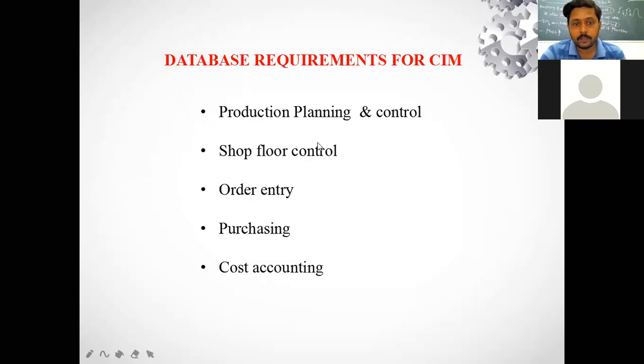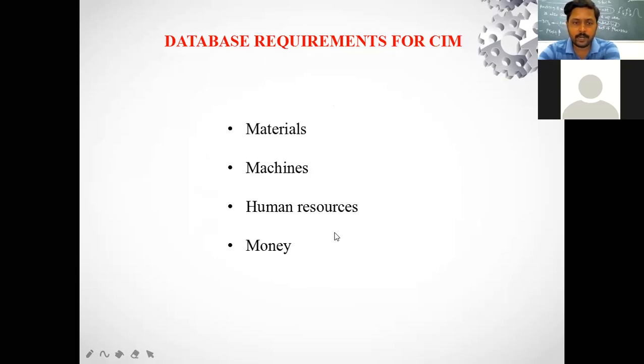Then there will be production planning and control, shop floor control, order entry, purchasing, cost accounting. These are different types of data required. Some of the resources will be materials, machines, human resources, and money, the 4M that we have discussed.